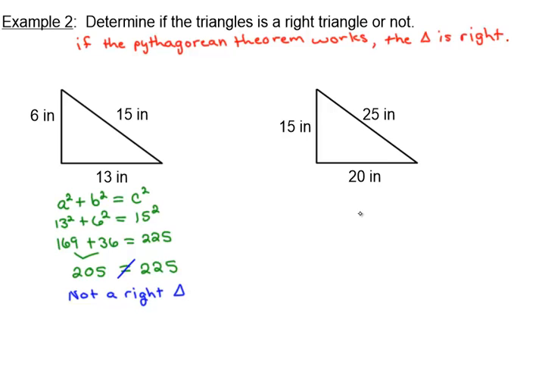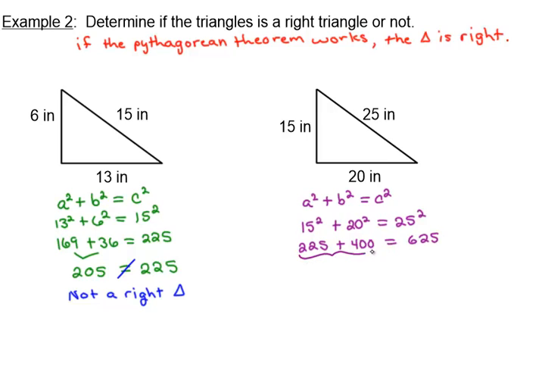Let's do the same thing. We have a squared plus b squared equals c squared. Alright, and a we'll say is 15 squared, b is 20 squared, and c is always the hypotenuse, that's 25 squared. 15 squared is 225, 20 squared is 400, and 25 squared is 625.